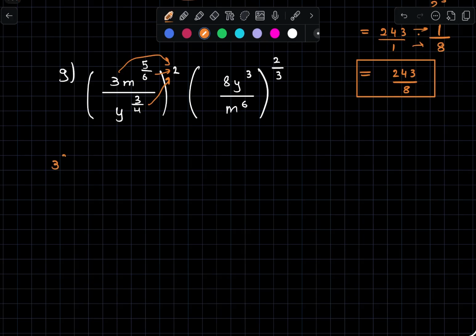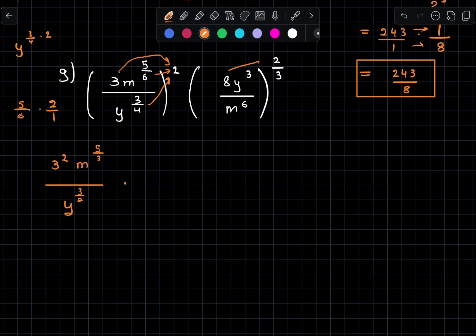So we've got 3 squared, m to the 5/6 times 2, that's going to come out to 5 over 3. Then you've got y to the 3/4 raised to the second power, so it's 3/4 times 2, that's going to become y to the 3/2. Okay, so that's our first set of parentheses.